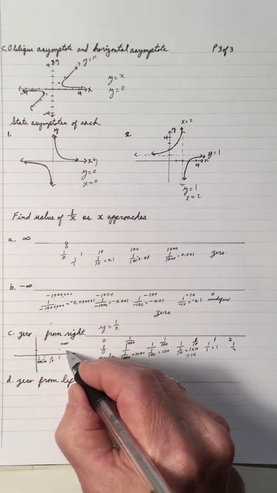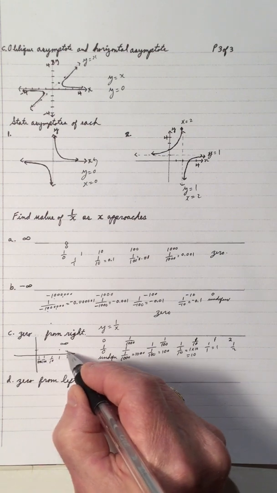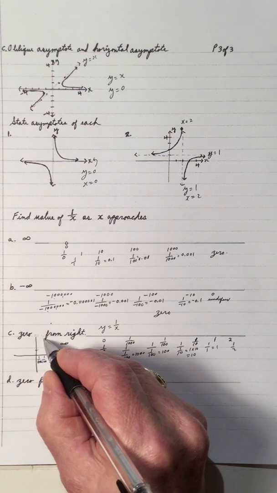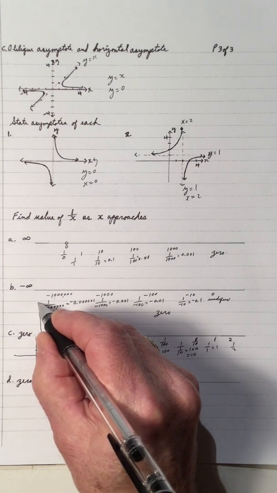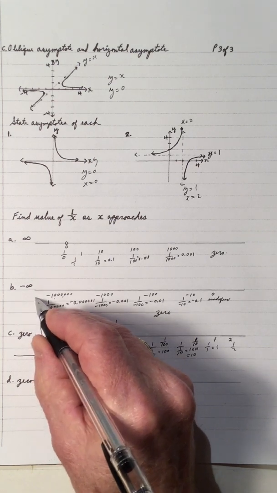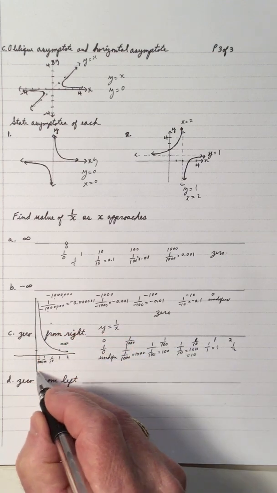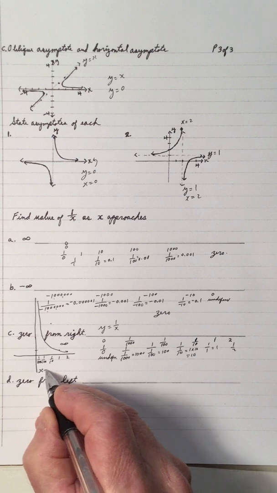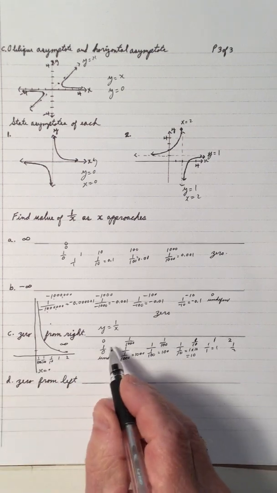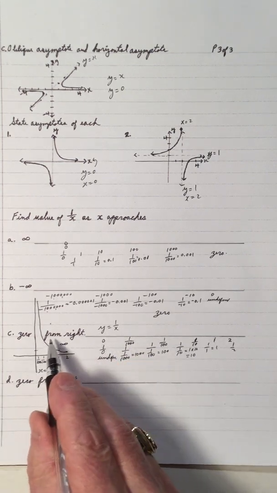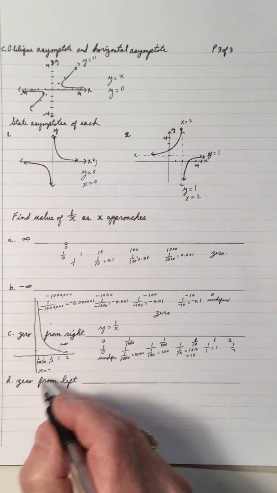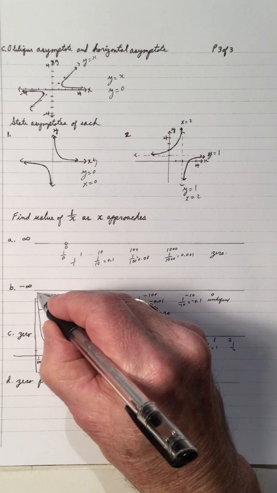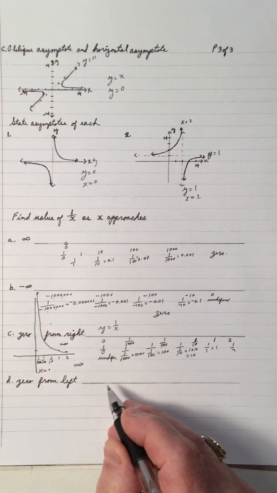So notice as I approach 0, the graph comes in and goes like that. But remember, it'll never pass through. So this is x equals 0. So as x approaches 0 from the right, it's going to infinity. It gets higher and higher and higher, but it'll never touch.